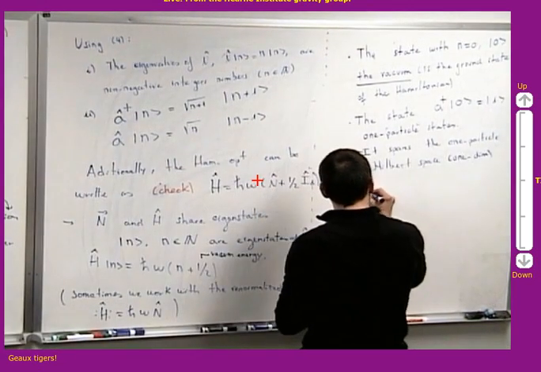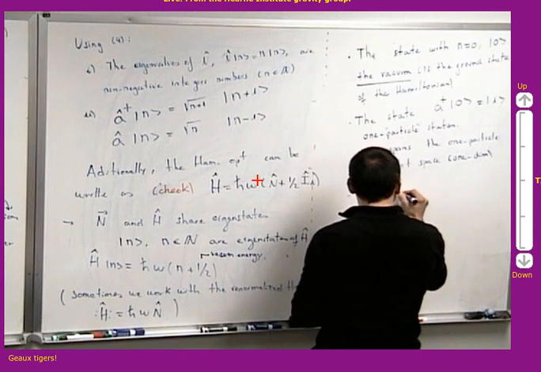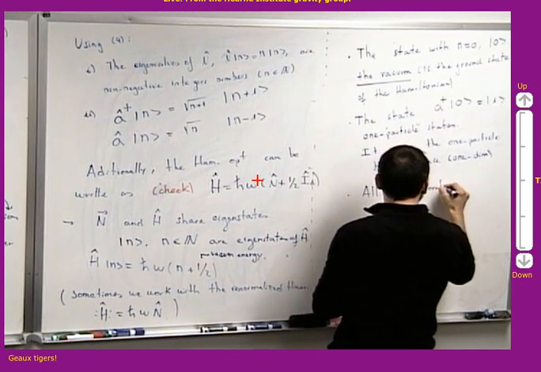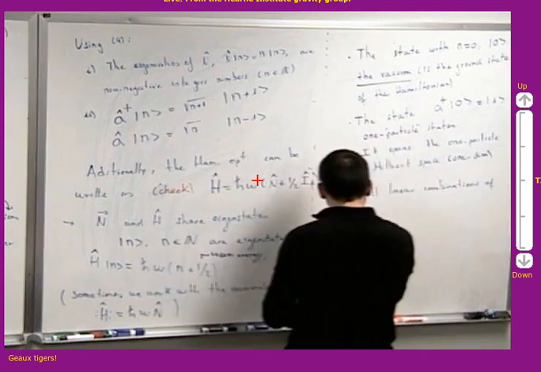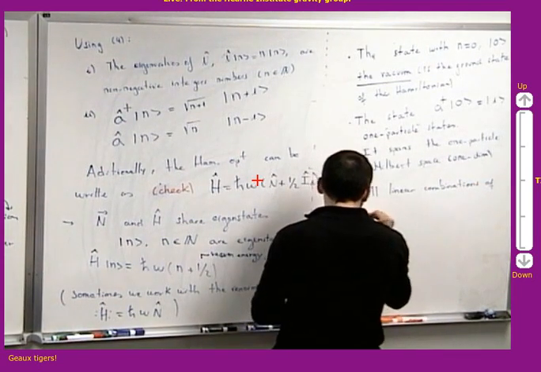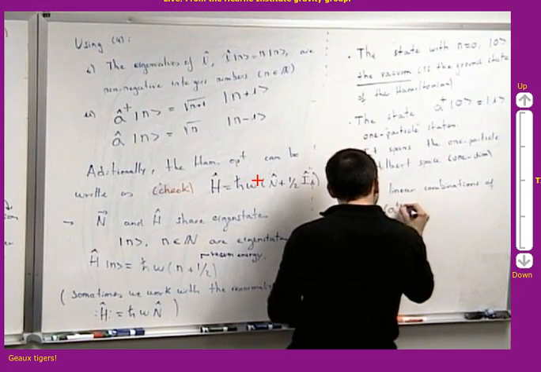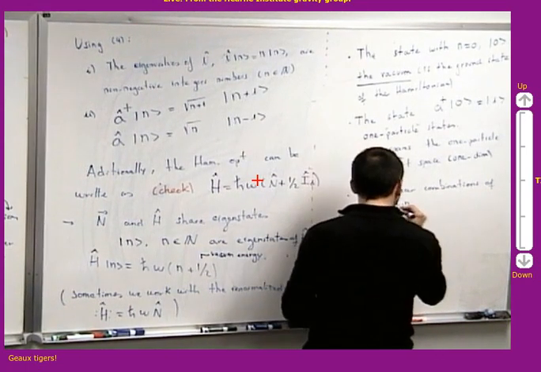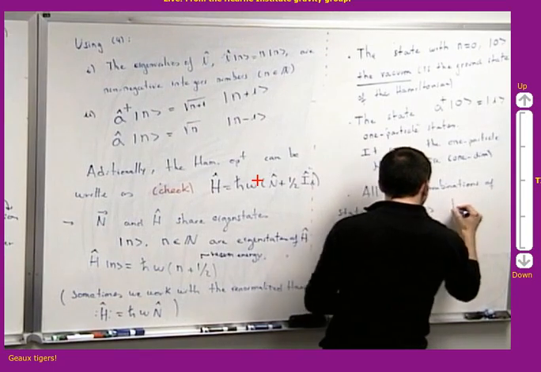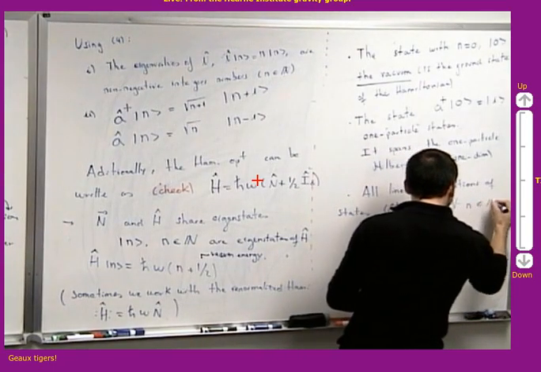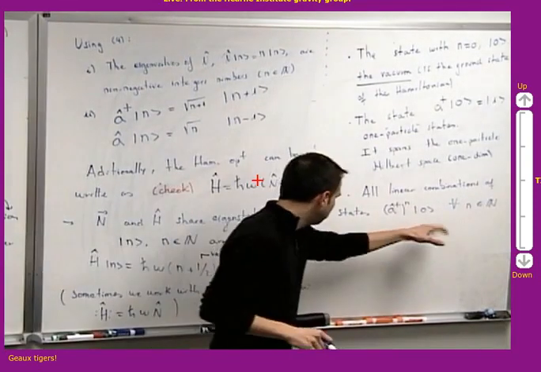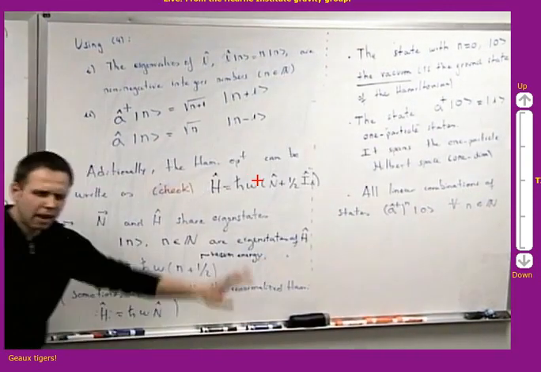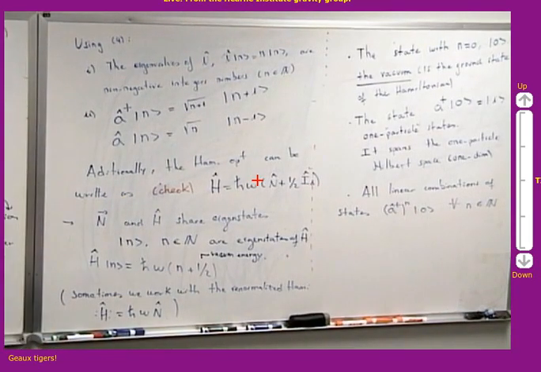And then the statement is that all linear combinations of states of the type n creation operators acting on the vacuum, for all possible integer n. So consider all possible multi-quanta states. Take all possible linear combinations. That is a space which we call the Hilbert space.